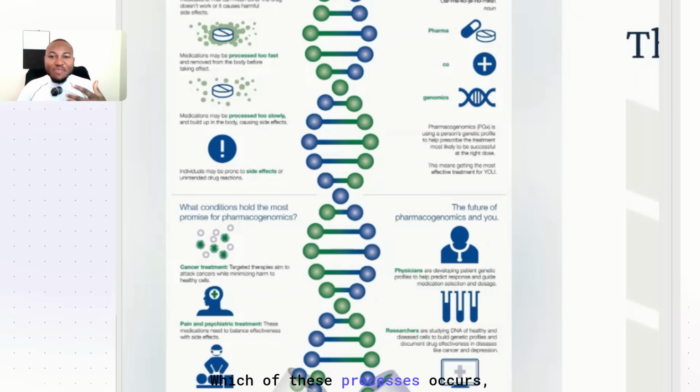Which of these processes occurs during a cell's first gap phase? That's G1 phase. What happens in G1 phase? All these questions, pause and attempt them. 1. The chromatin condenses into visible chromosomes. 2. The cell synthesizes proteins and grows. 3. The cell synthesizes the enzymes that control mitosis. 4.